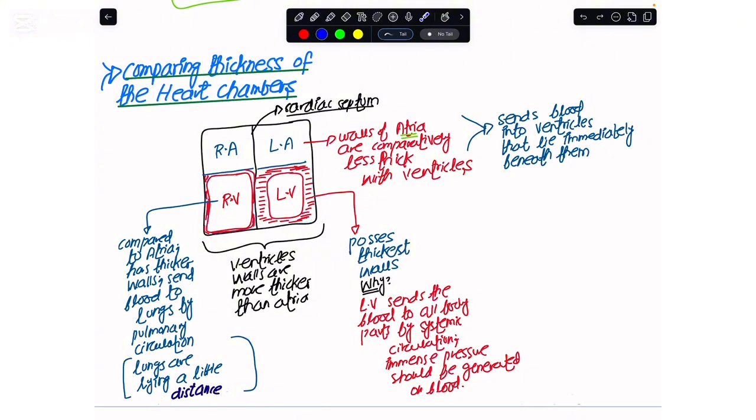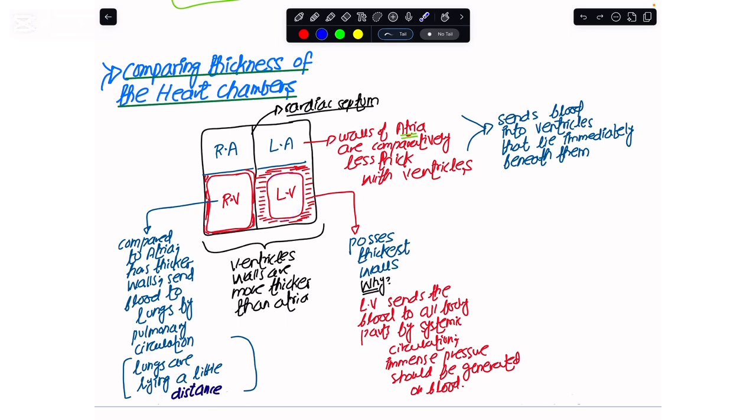So to summarize, the ventricles overall have a greater thickness compared to the atria. The atria have less thickness compared to their ventricles, and among the ventricles, the left ventricle is the thickest.